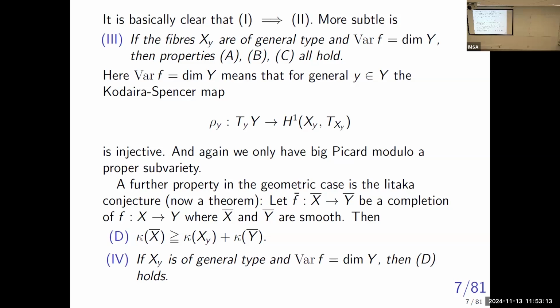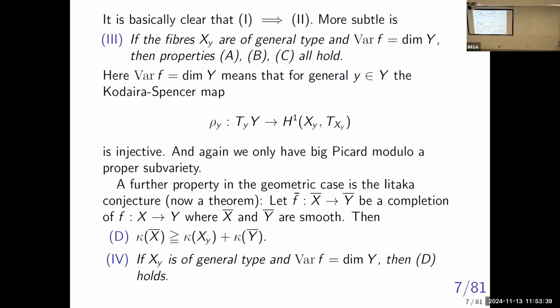A further property in the geometric case is the Iitaka conjecture. That if you have a completion of this map where these are smooth, then the Kodaira dimension is sub-additive. The Kodaira dimension of the total space is bigger than or equal to the Kodaira dimension of the fiber and that of the base.